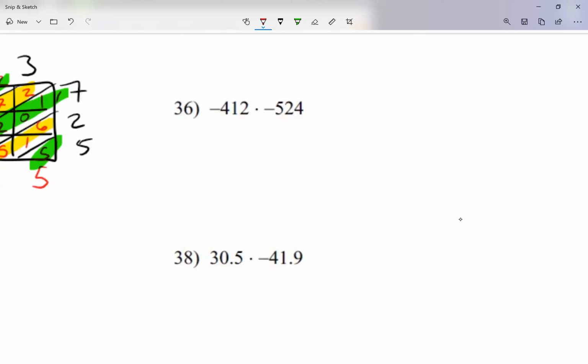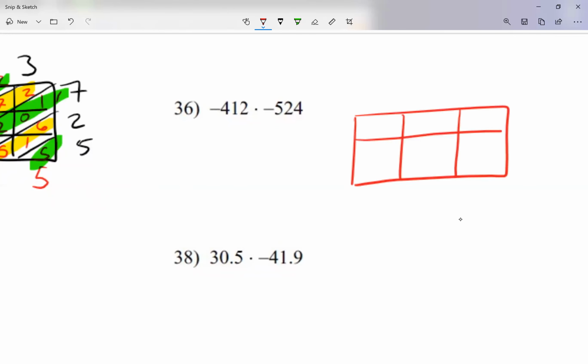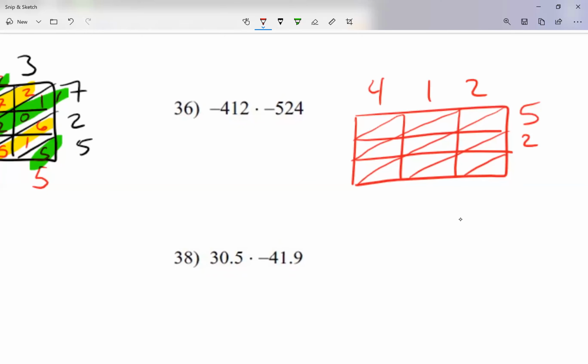It's also 3 by 3. Cut my boxes in half. I'm gonna go 412 multiplied by 524.